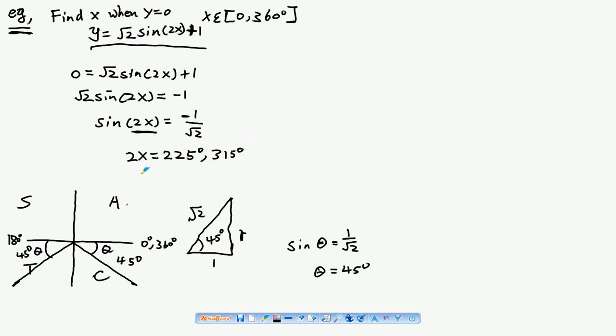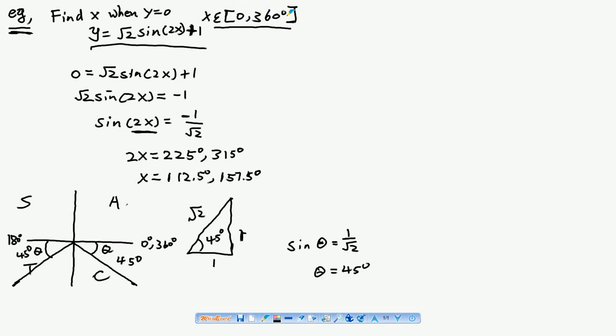Now our x is 225 degrees divided by 2, which is 112.5 degrees, and 315 degrees divided by 2, which is 157.5 degrees.